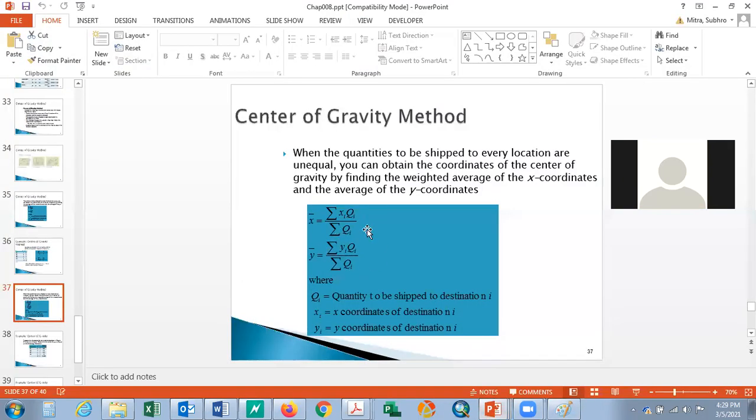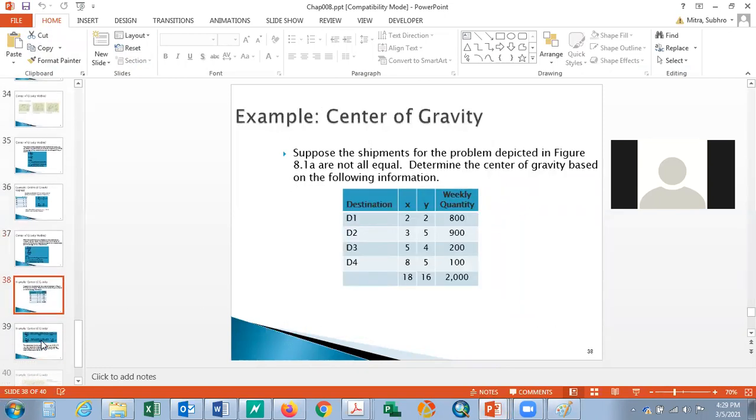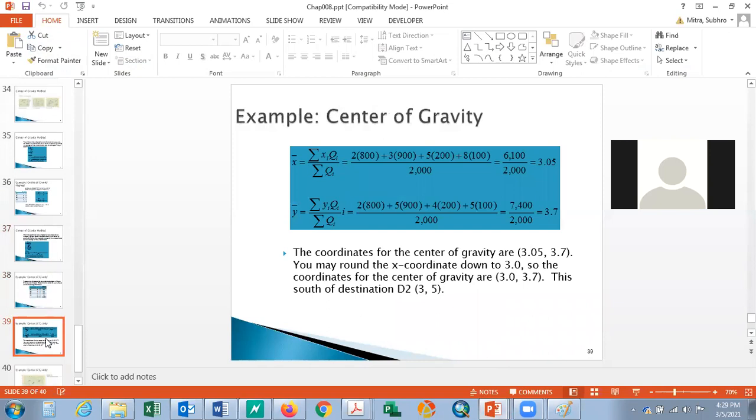Okay, this is more like giving it a weightage. So there are some problems here. You should try to solve those. So we are multiplying with Q and dividing by the sum of the Q. That's all we are doing.